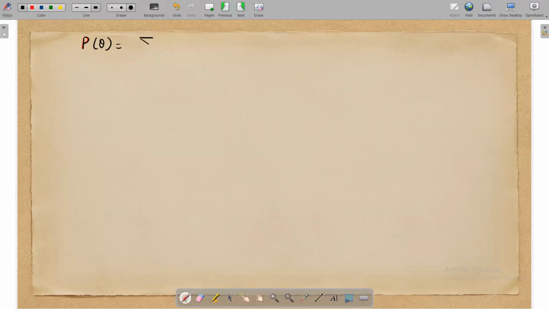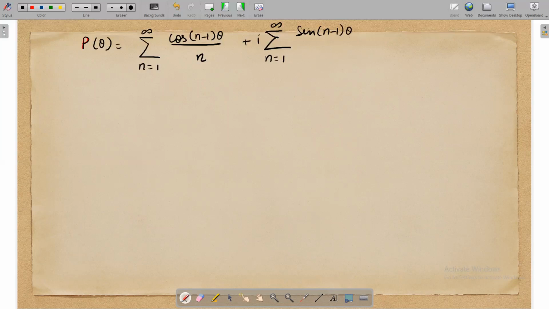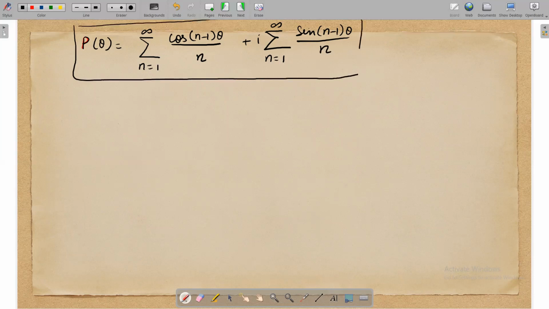You can write it as sigma n from 1 to infinity cos (n minus 1) theta upon n, plus iota sigma n from 1 to infinity sin (n minus 1) theta upon n. This is very important. Let us mark this as 1. Now, after marking it 1, I'm going to solve it for 90 degrees.